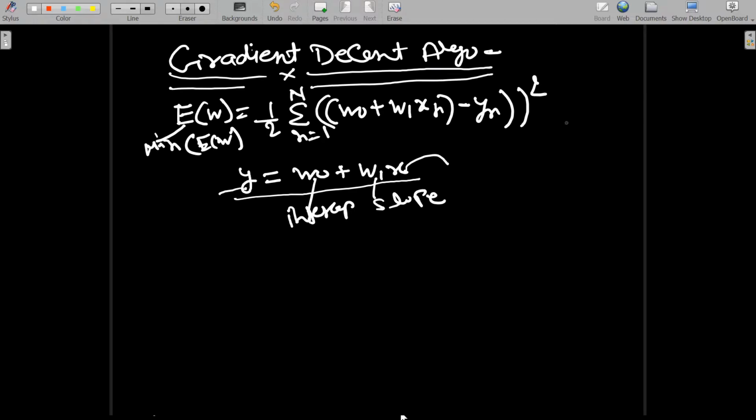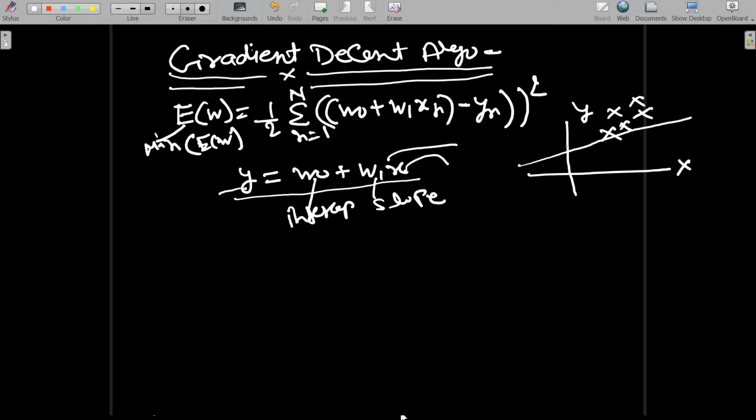Let's consider this is the x-axis and this is the y-axis, and we have a data point like that. This line will pass through here, or this could be it also, depending on the w0 and w1 we have picked. So this is for this particular linear regression line.